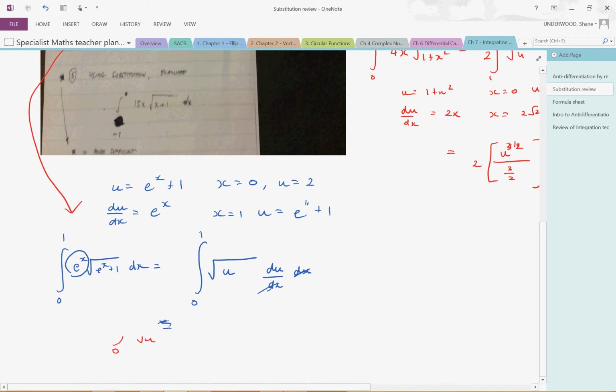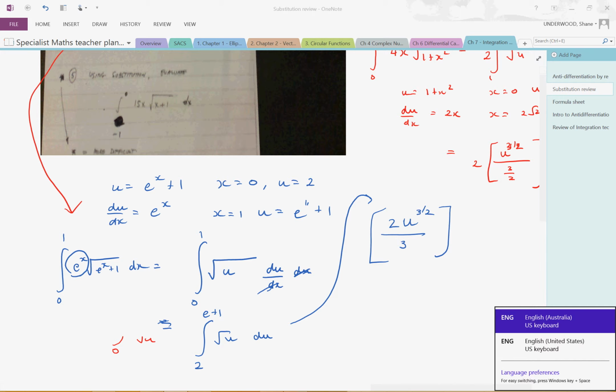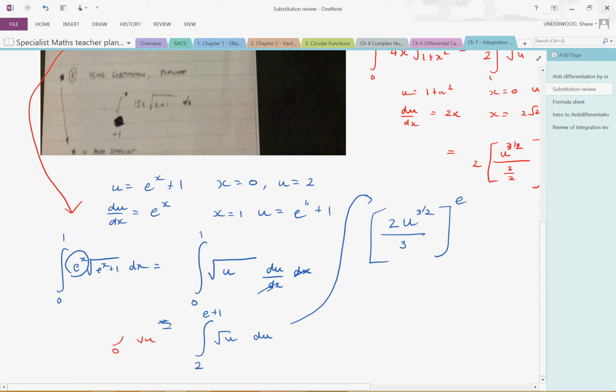Now we've got the integral from 2 to e plus 1 of the square root of u du, and that is equal to, well, we're raising the power, so we're going 2/3 u to the power of 3 over 2, from 2 to e plus 1.